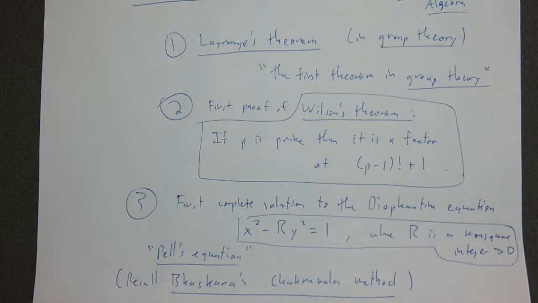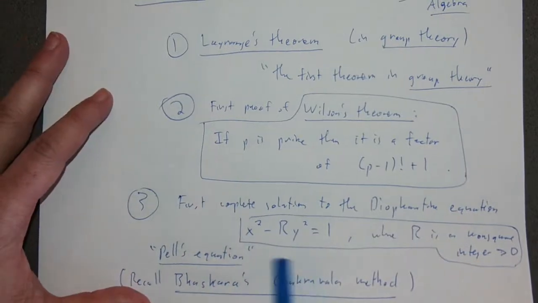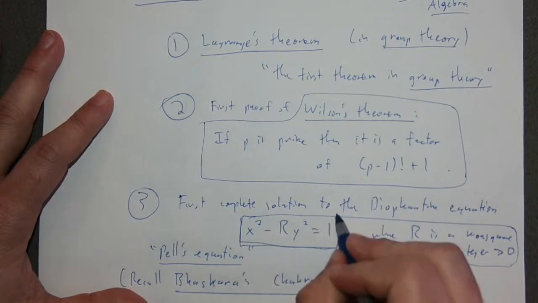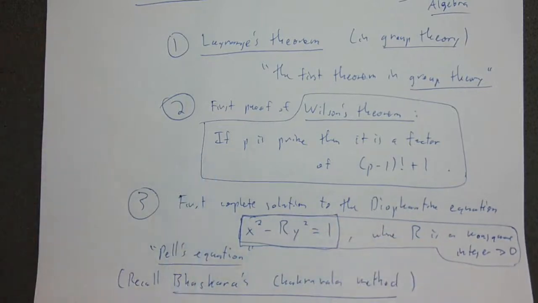And it wasn't until all the way in the 18th century that Lagrange comes along and puts the complete solution on solid footing. So from Bhaskara to Lagrange, basically no one had made progress on this at all. Okay, so that's a big deal.